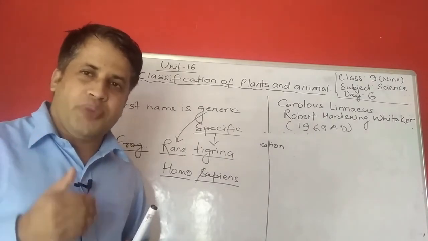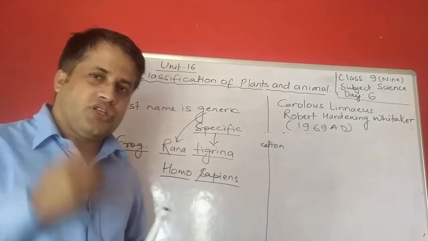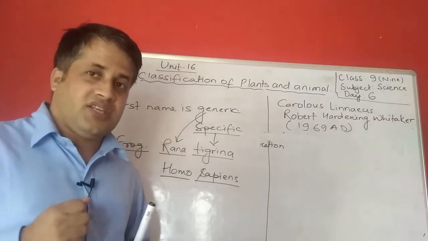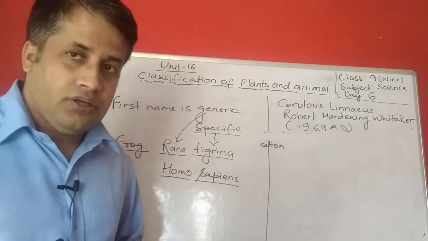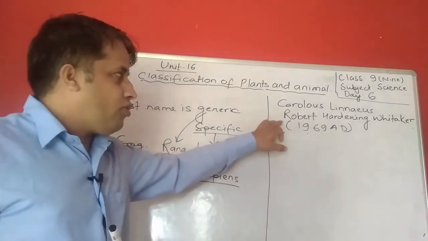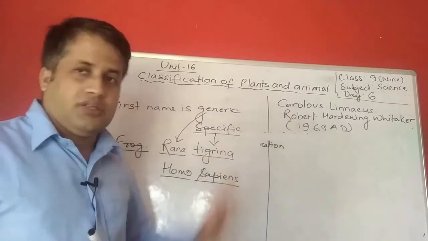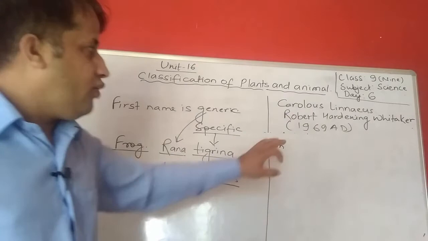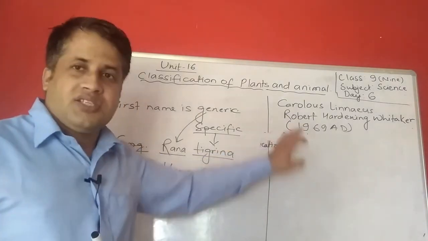So on this basis, this classification of the five kingdom system came into existence, and who gave it? Robert Harding Whittaker, in 1969 AD.